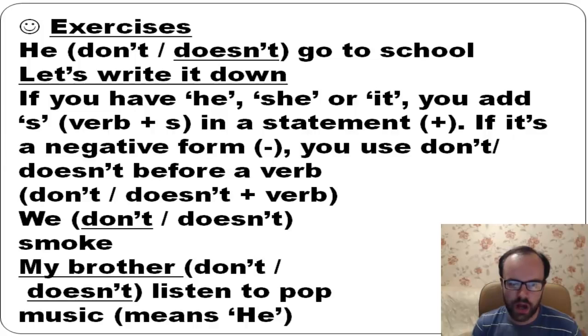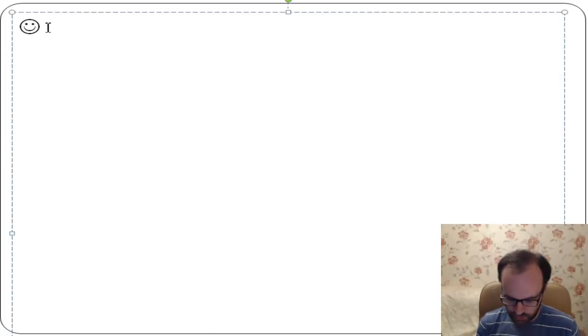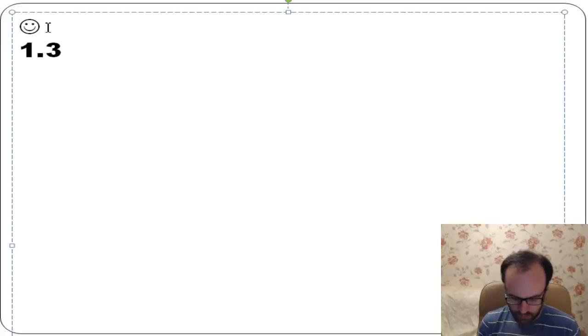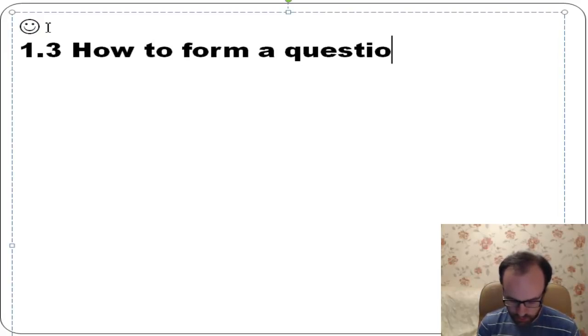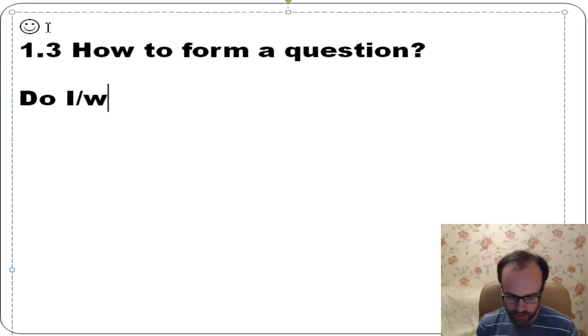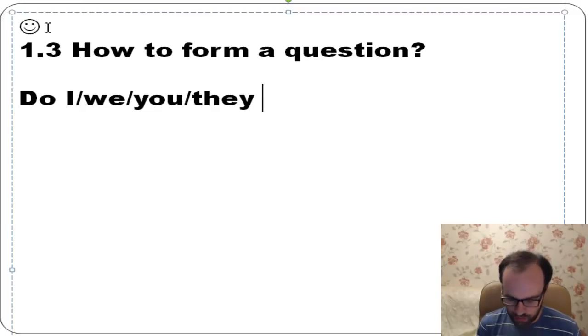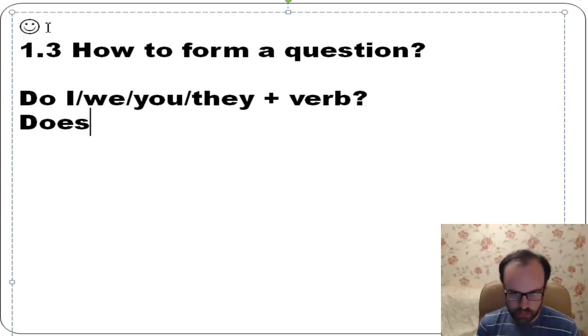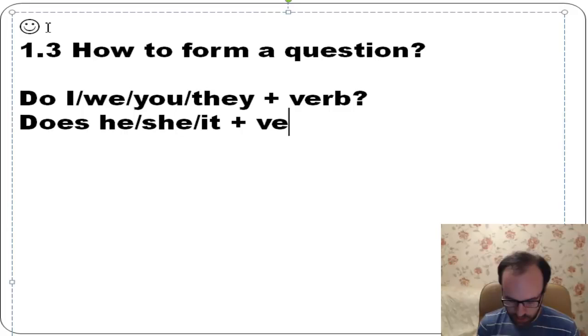Okay. How to form a question? So it's easy. Do, if you have I, we, you, they, plus verb, and does, if you have he, she, it, plus verb.